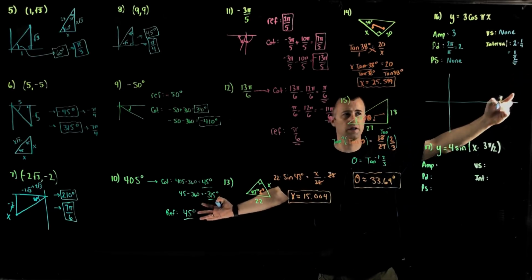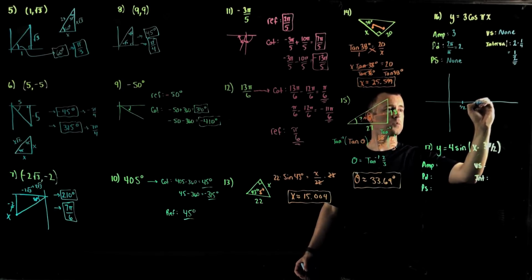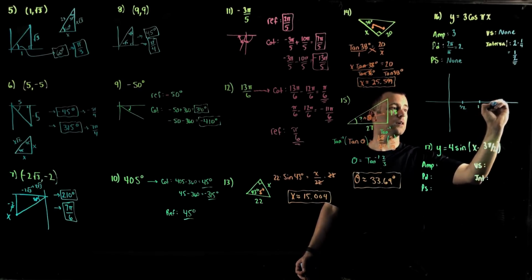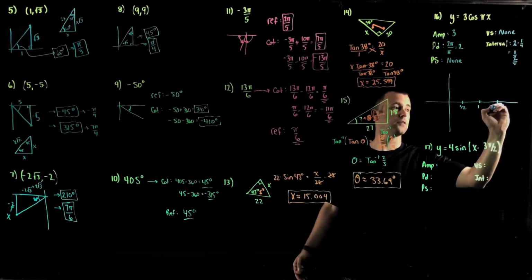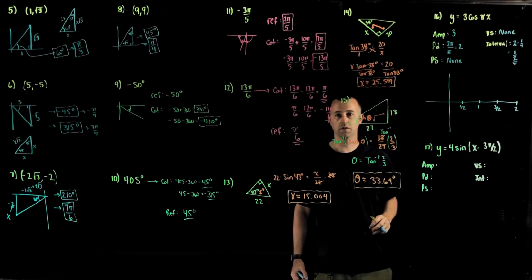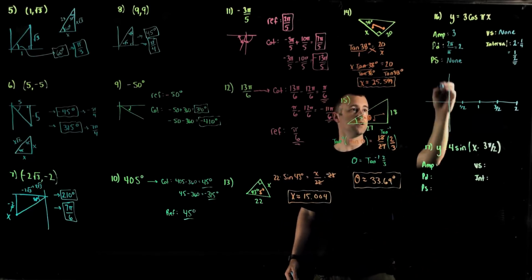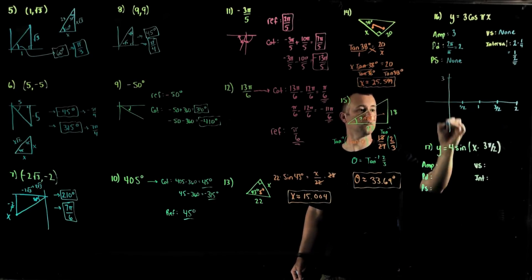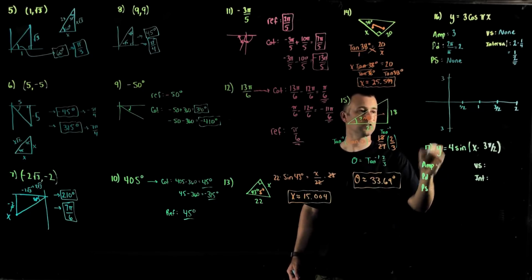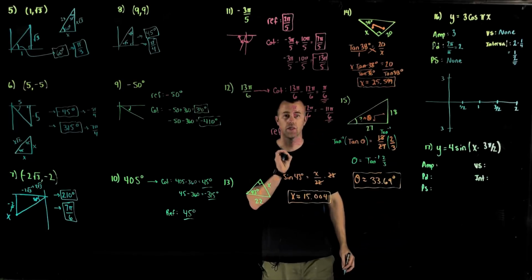Now, when you do that, your interval is just 1/2. You don't have to worry about pi's. So my first point would be 1/2. My next point would be 1, and then 3/2, and 2. That's all it is. Just don't write the pi's. It's not so bad. Now your amplitude is 3. So I'm going to go up 3 and down 3 because there's no vertical shift. So when you're graphing cosine, be aware cosine starts at the top.